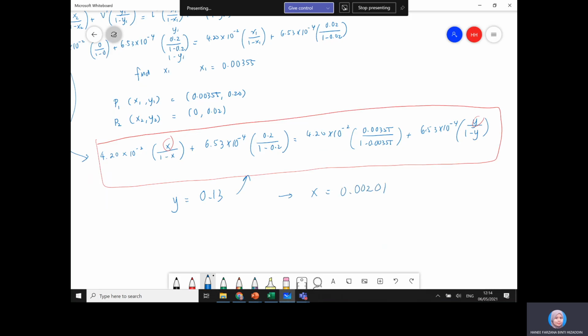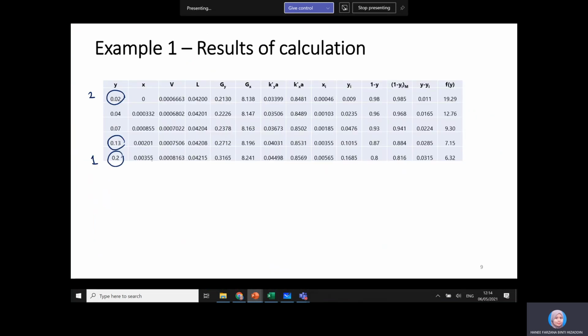So that is one intermediate point, and then you again vary Y, as long as the value of Y is between 0.02 and 0.20. It's up to you. You don't have to follow exactly the values in this slide, but this is an example from the book, so I just follow it, it's easier for me.